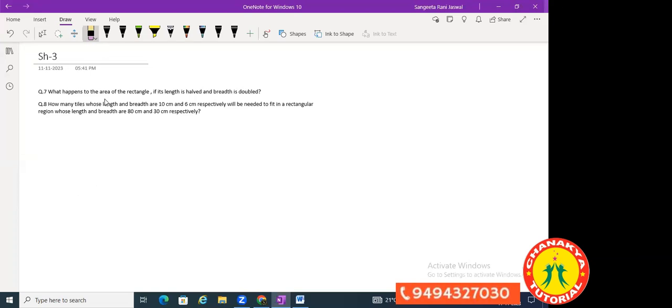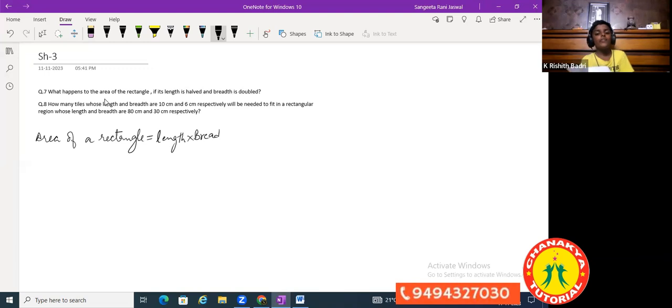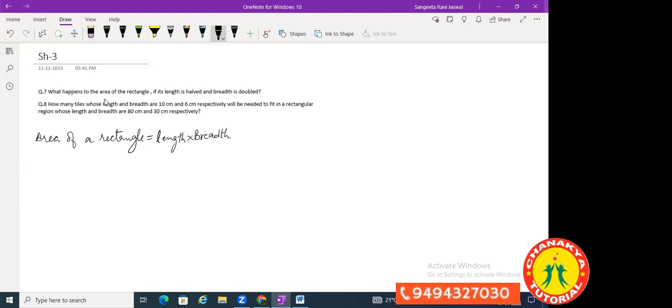Okay, I'll write in complete statement form. Now see, area of a rectangle is equal to length into breadth.